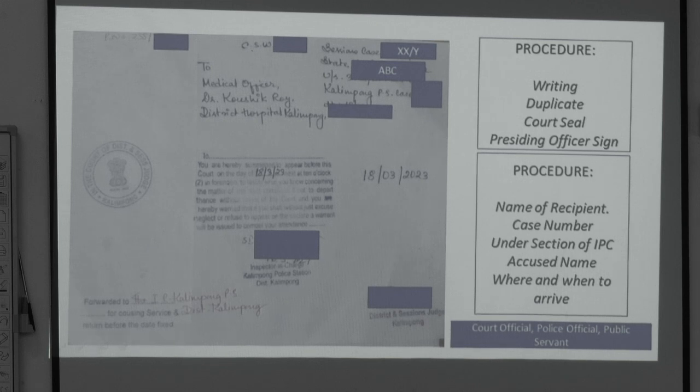Apart from that, it is in written format, duplicate form, कोर्ट का सील रहेगा, presiding officer का साइन रहेगा. ठीक है? You will get the name of the recipient, that is your name, case number, under section, accused name. State versus में accused का नाम रखते हैं, and when to attend. तो अगर summons का short note आता है, please don't mention my name.